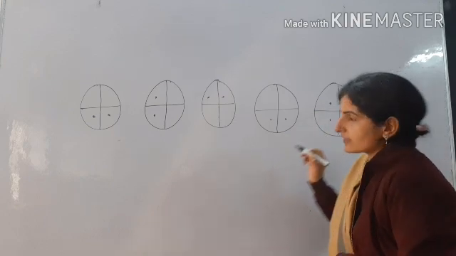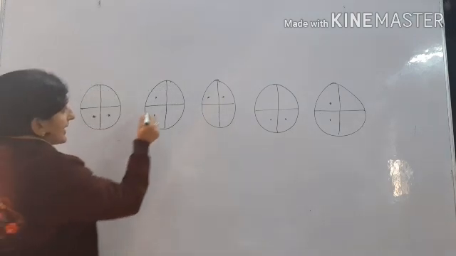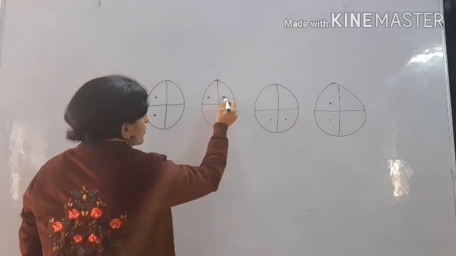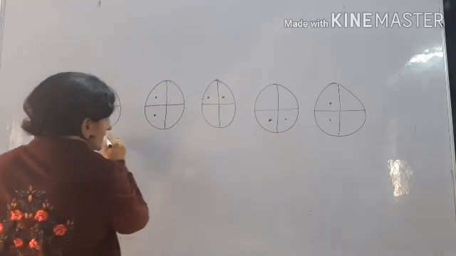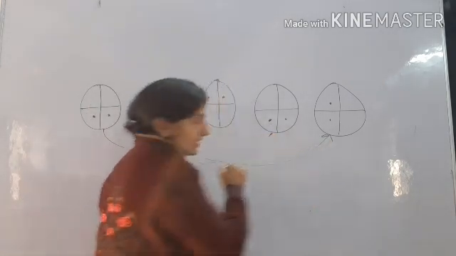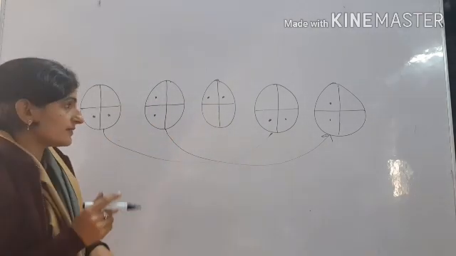So you can see that in the first picture we have two dots here, in the second these dots are given here, and in the third these dots are given upward, and in the fourth the first pattern is repeated here and the second one is repeated here, okay. So these patterns are repeated like this.